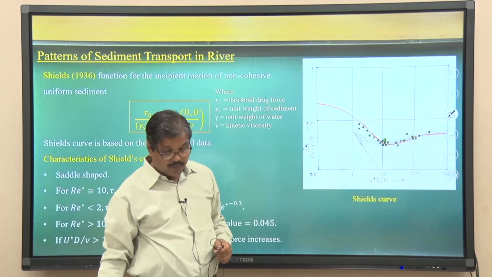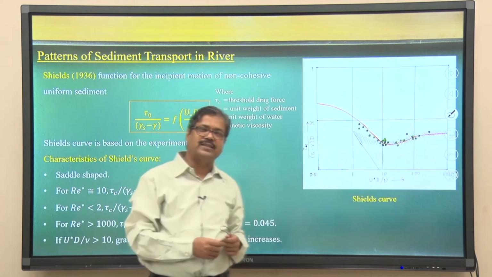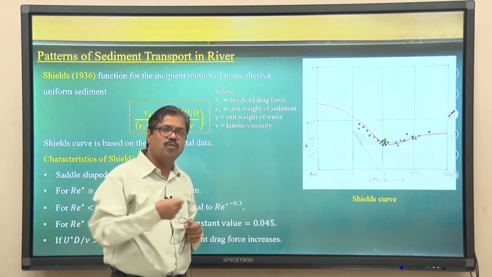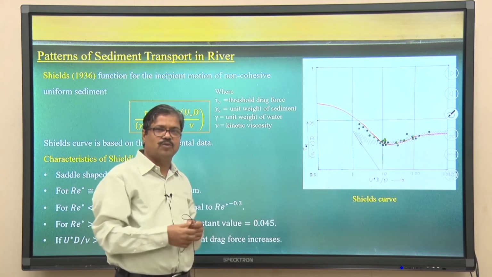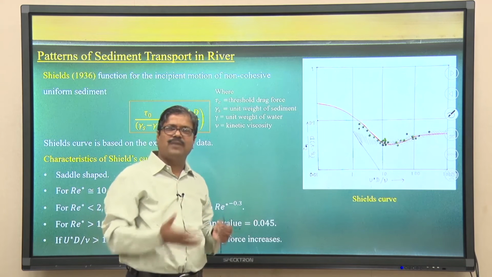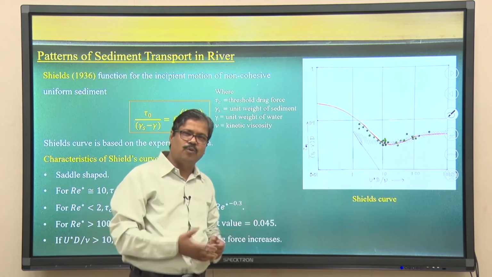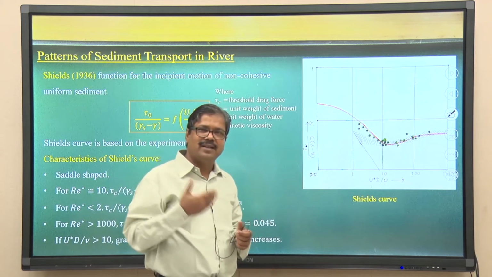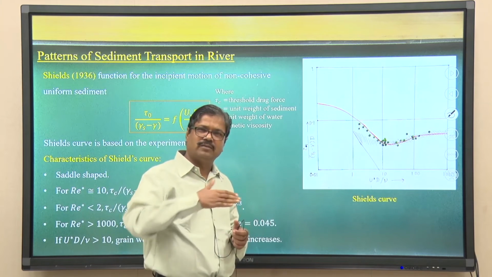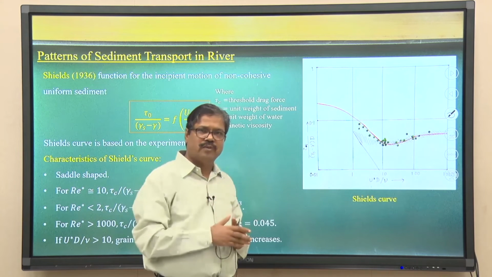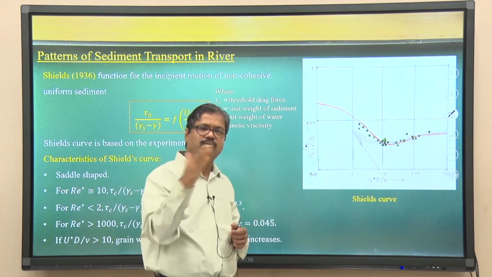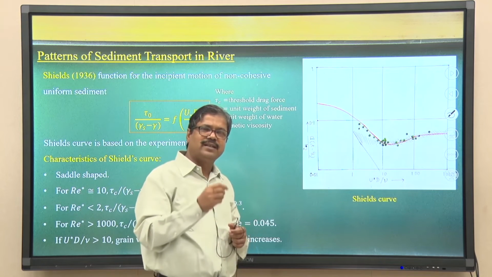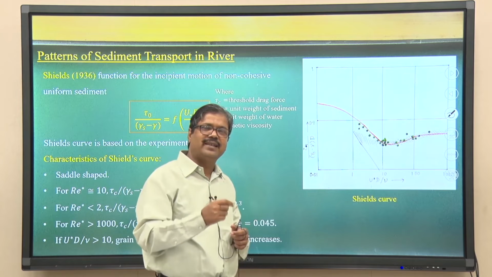Now, let us go to the next level, to know at what time the sediment starts moving, that is, the incipient motion. This experiment can be done in any flume with uniform sand: you increase the flow or change the slope of the channel if you have a tilting flume, and see under what conditions the bed particles start moving.